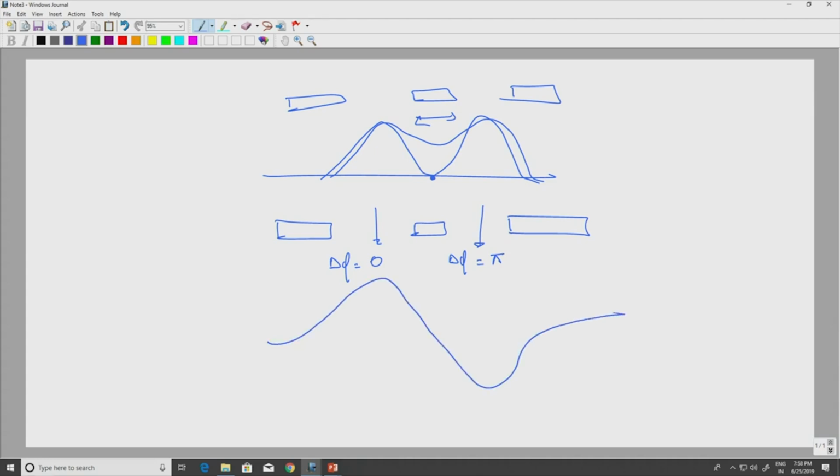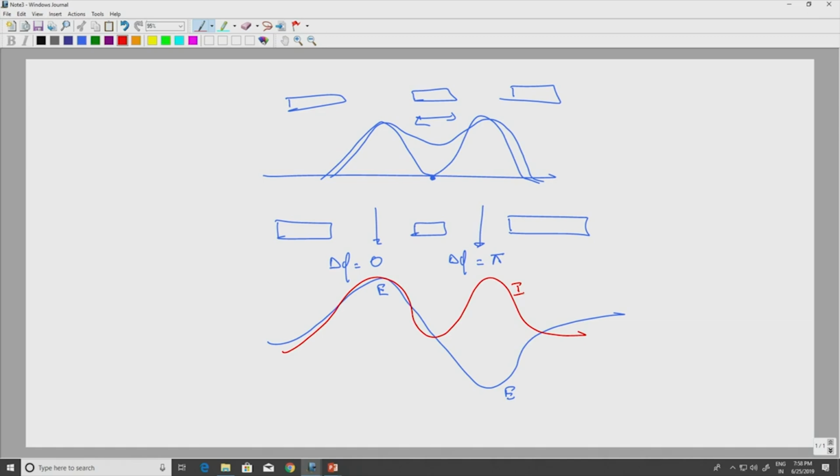This is the electric field, but the intensity will look like this. I will use a different color. So this is the electric field, but the intensity of the light will look something like this. So this is the intensity.